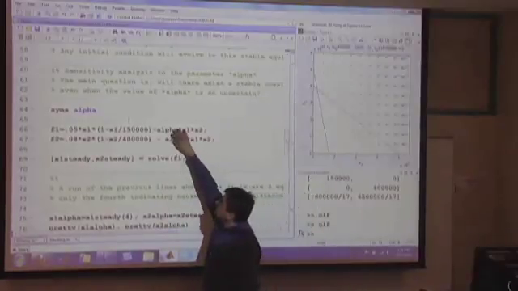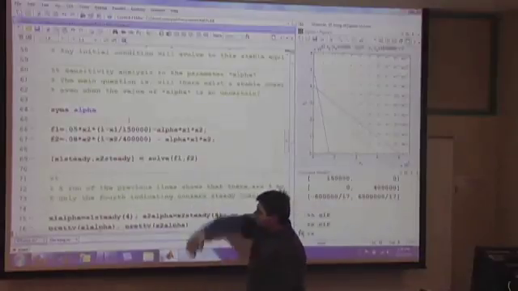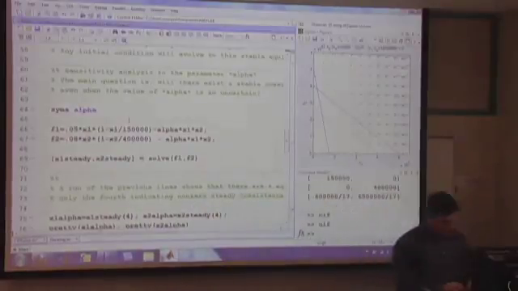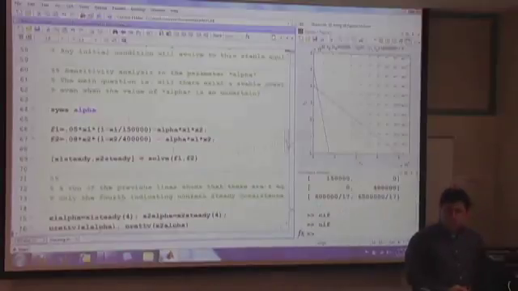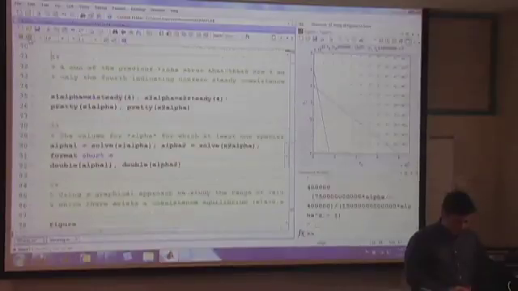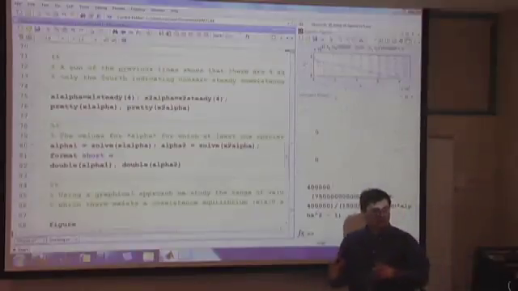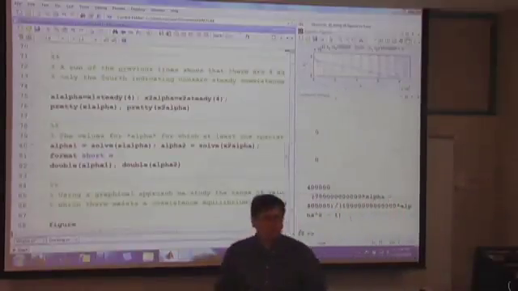So you can do sensitivity to this parameter alpha, for instance, and you won't be able to do anything like a direction field. But one thing you can do is ask the computer to try to find the steady state as a function of that parameter.